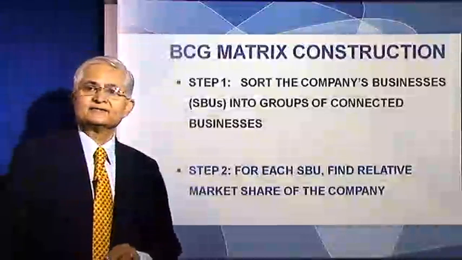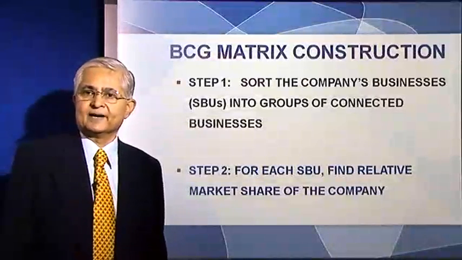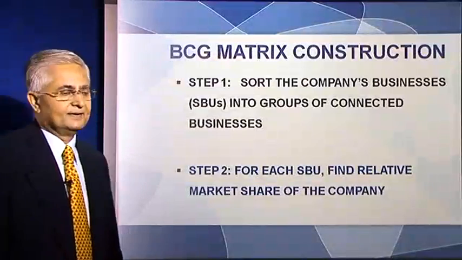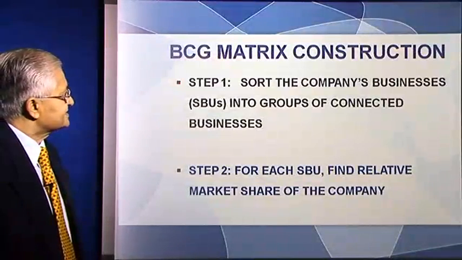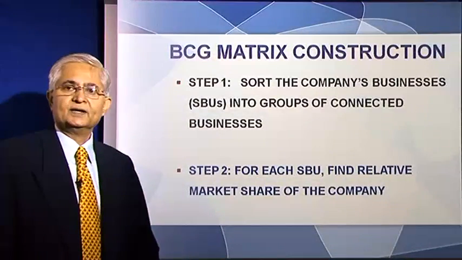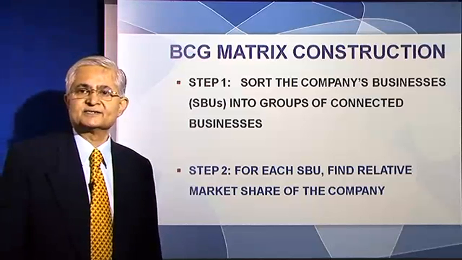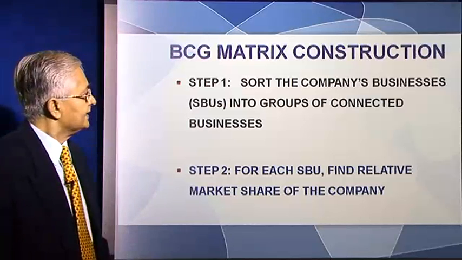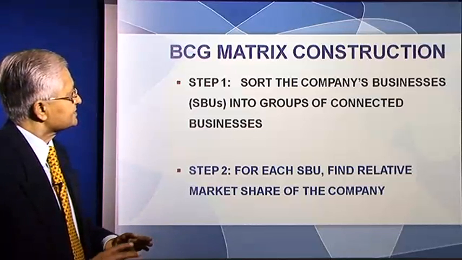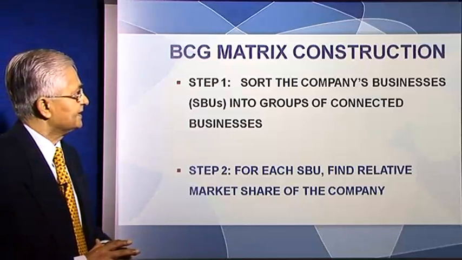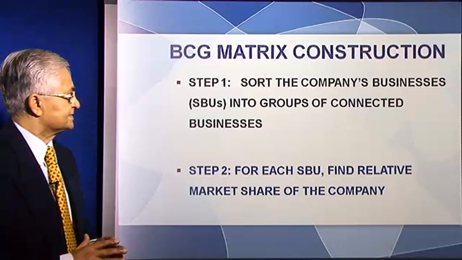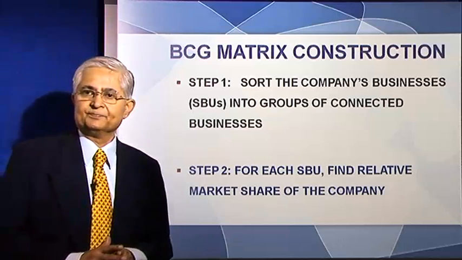How do we construct the BCG matrix? The first step is to look at the different businesses of the company and sort out those businesses into business groups of connected businesses.